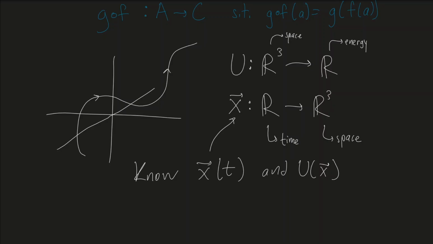Well, this particle is going along this trajectory, so we know how to go from the time to the position at that given time. And then because we know the potential energy function, we also know how to go from that position to the potential energy at that position.